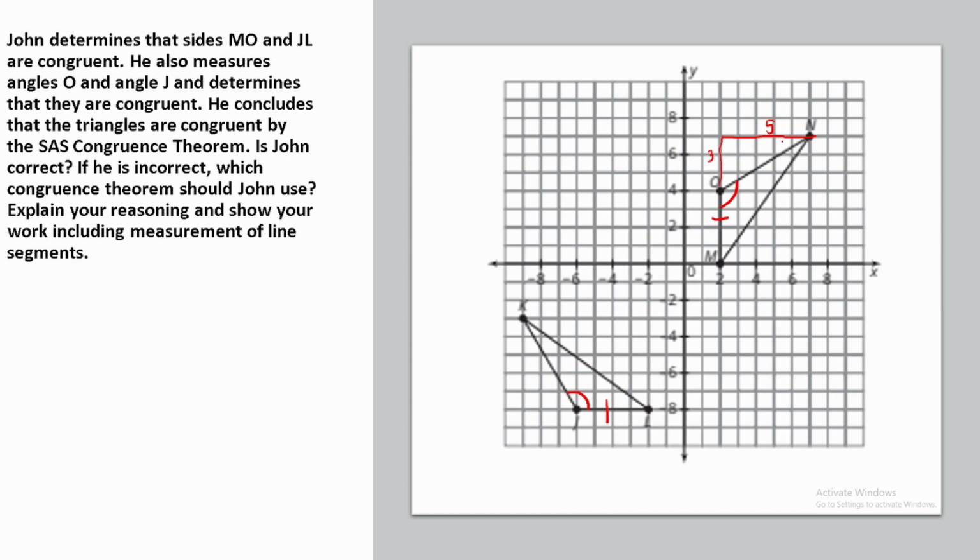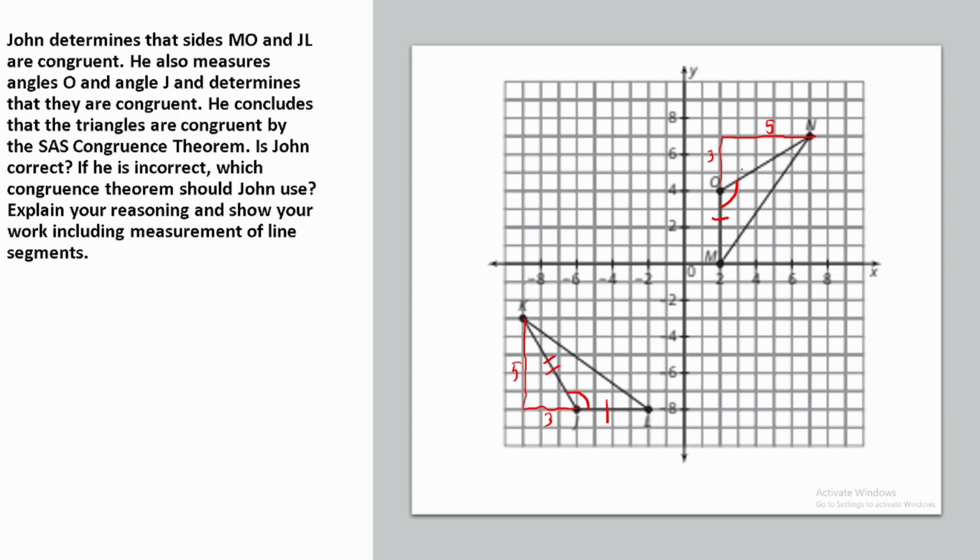Up 3, right 5, right? And that's ON. If this JK is the same type of movement, right? So either right or left, or now we want to go right or left 3, and then up or down 5, right? So 1, 2, 3, 1, 2, 3, 4, 5, right? So 3 and 5.